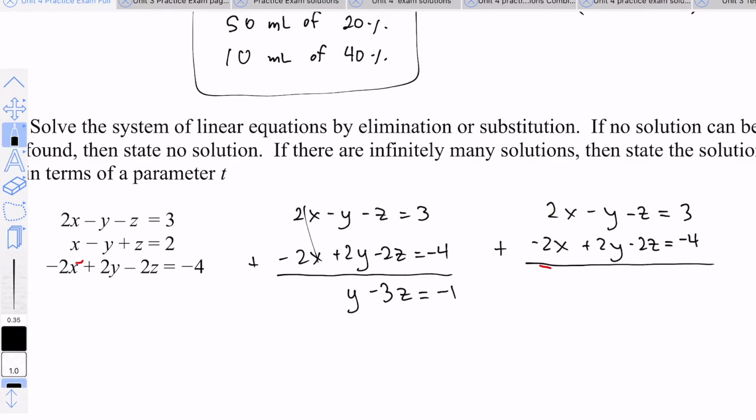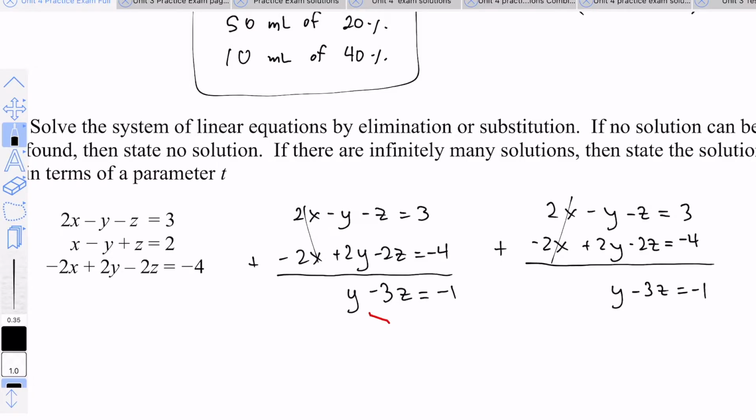So this equation right here is the middle equation multiplied by -2. So I can eliminate x again. And that's actually positive y, not negative y. Y minus 3z equals -1.